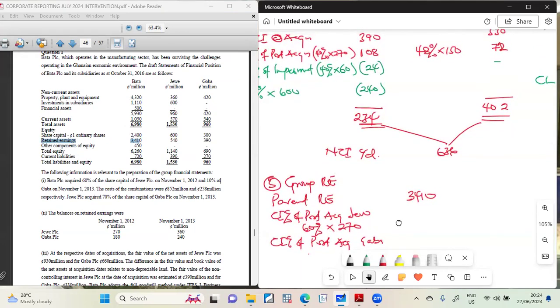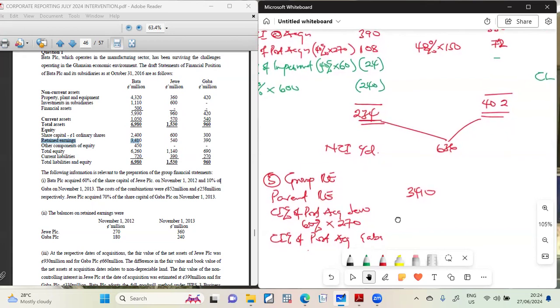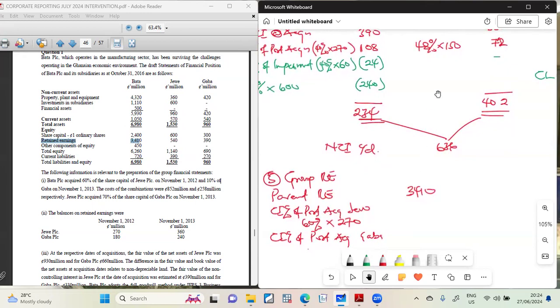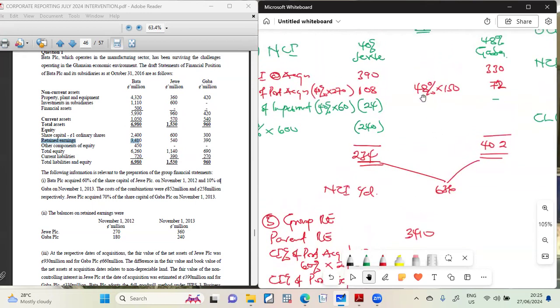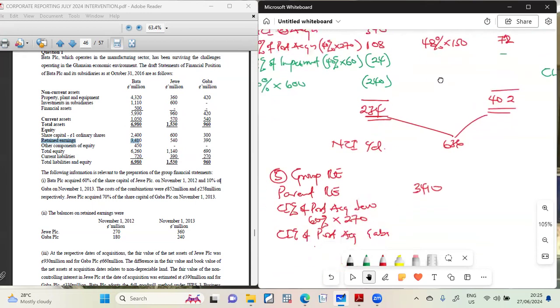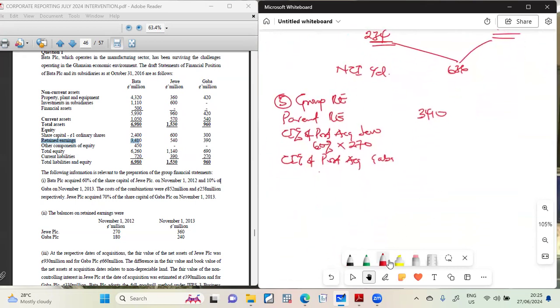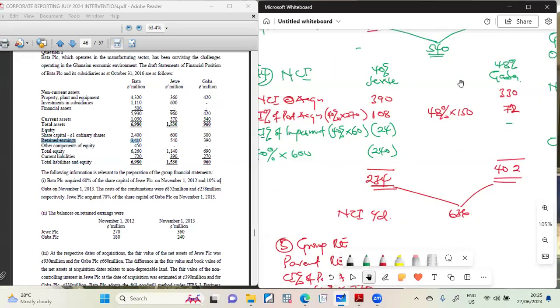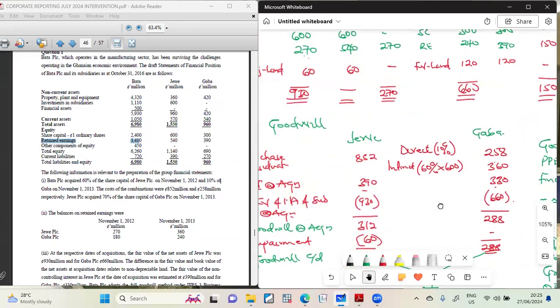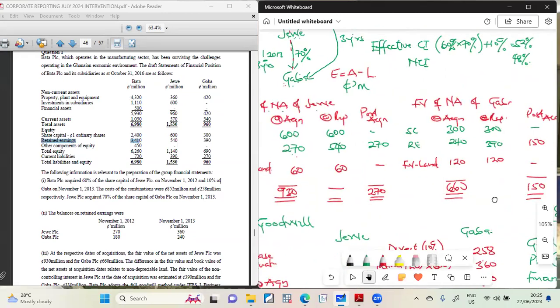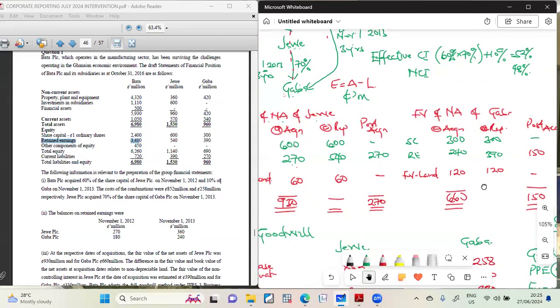How did you get 78? If here is 48, that place will be 52. The effective CI we calculated is 52.